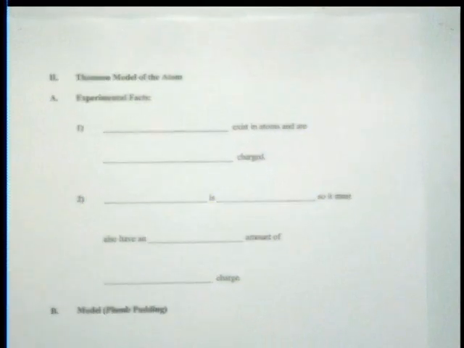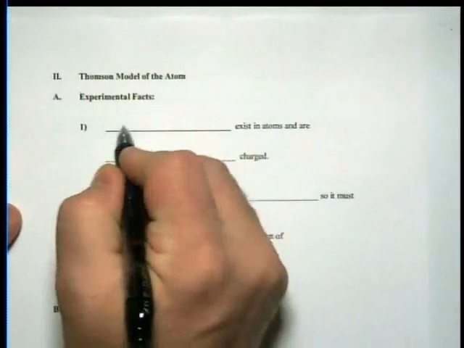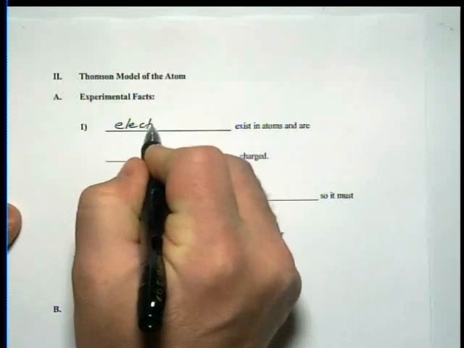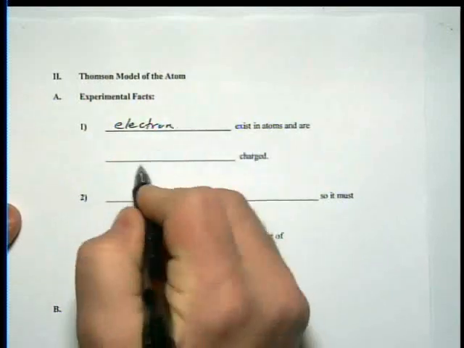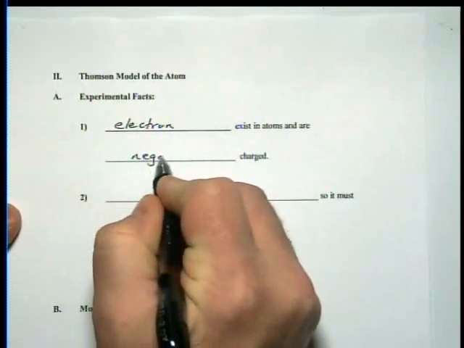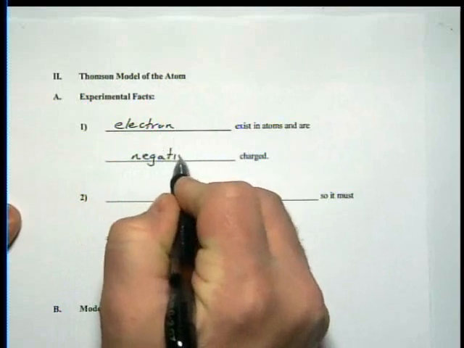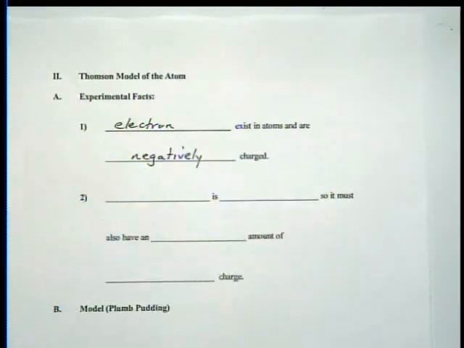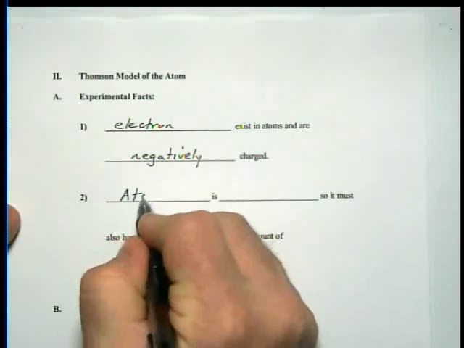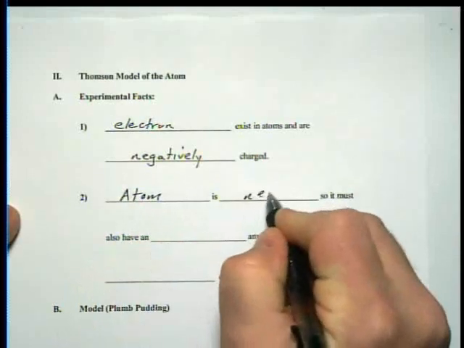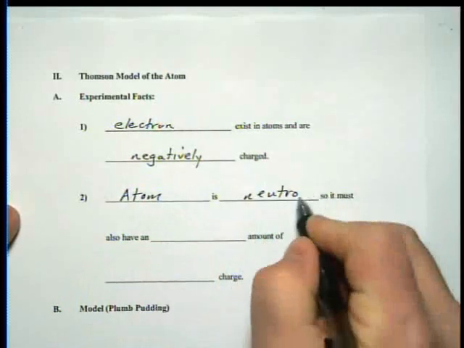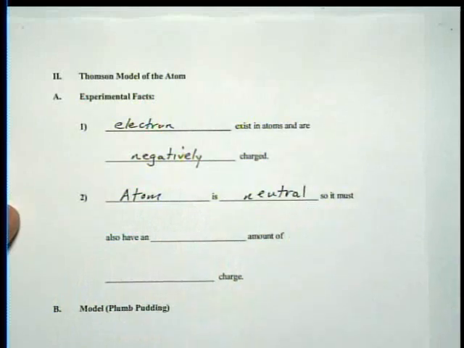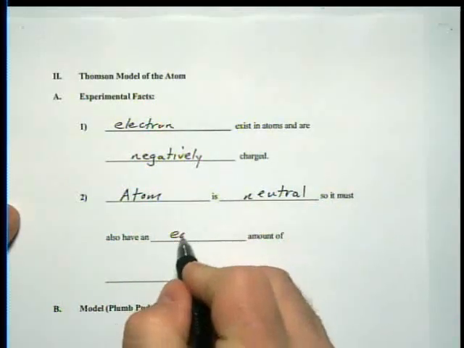Basic ideas to just put in your notes. Electrons exist in atoms. You know that now. And they're negatively charged because of the way they deflected. We could tell the charge. If they'd been positively charged, they would have deflected the other way. An atom is neutral, so it must have an equal amount of positive charge.